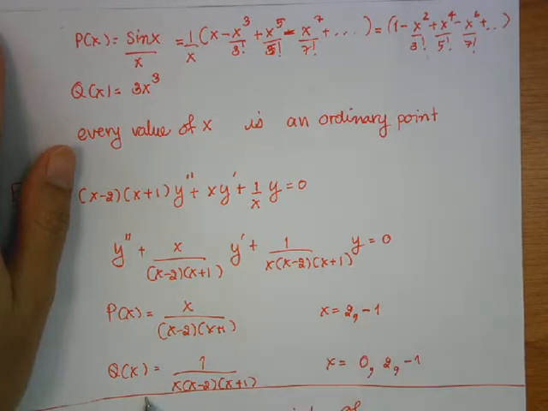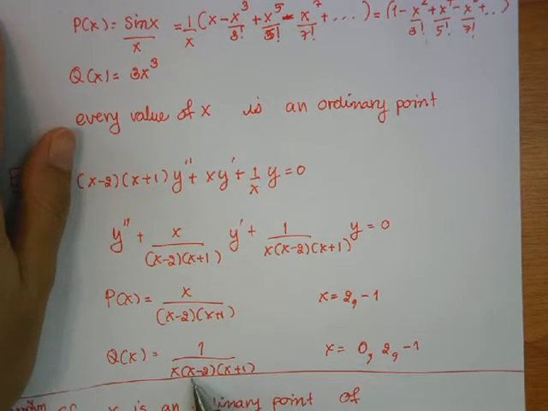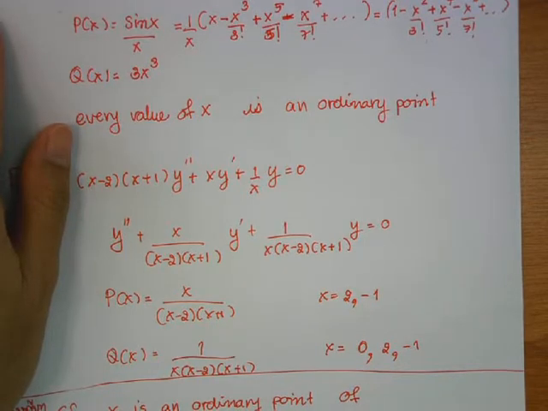But if you take a look at q(x), 1 over x times x minus 2 times x plus 1, you have three values of x that make q(x) not analytic. So with this problem statement, 0, 2, and minus 1 are singular points. The rest of x are ordinary points.